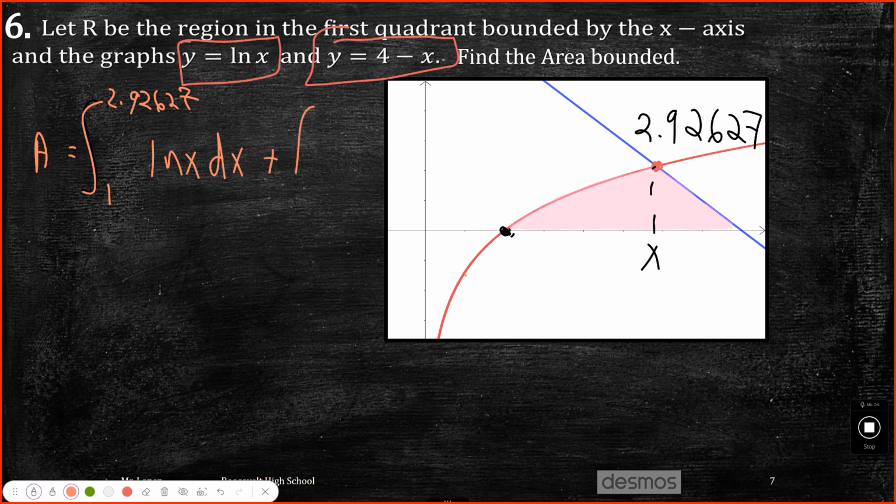And then we're going to add, you separate them, from this, which becomes the lower bound, 2.92627, of this, 4 minus x dx. And then what's the upper bound? It's 4, no? Because x is 4 minus 4 is 0. So let's integrate that.